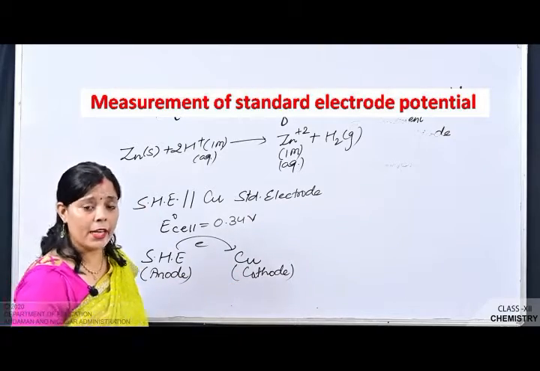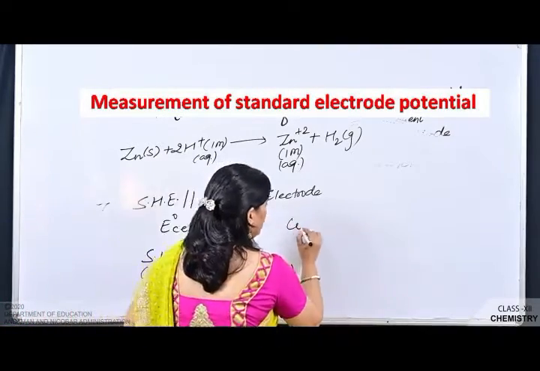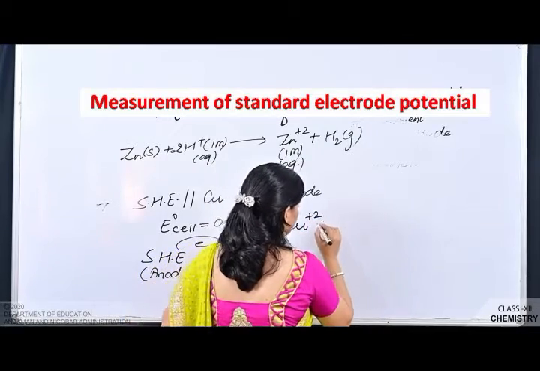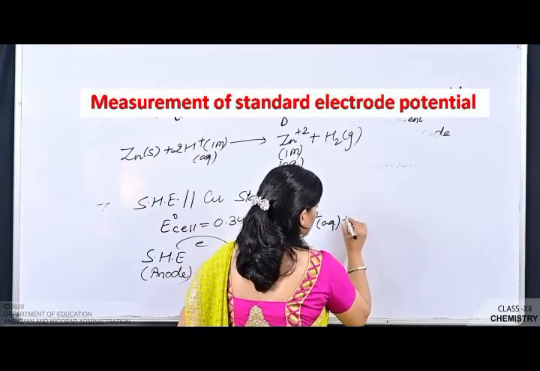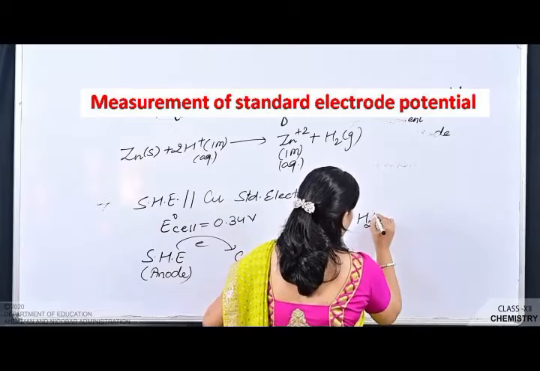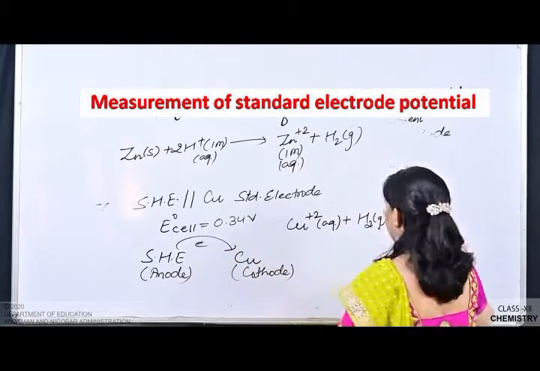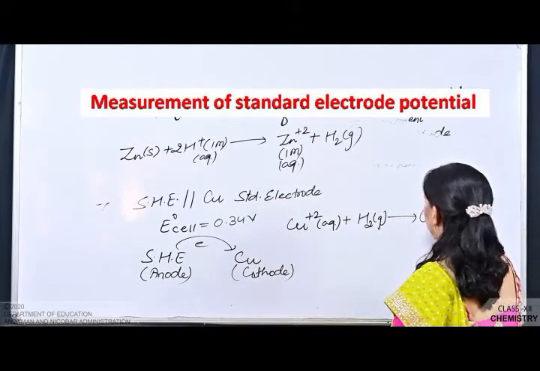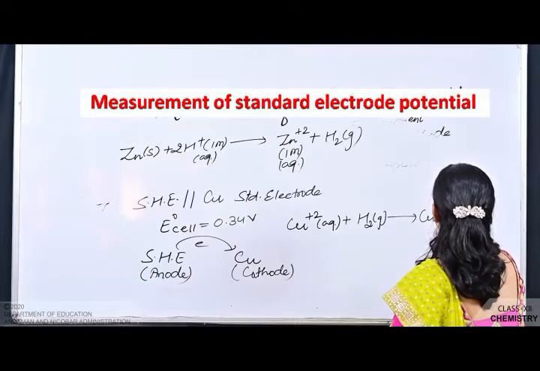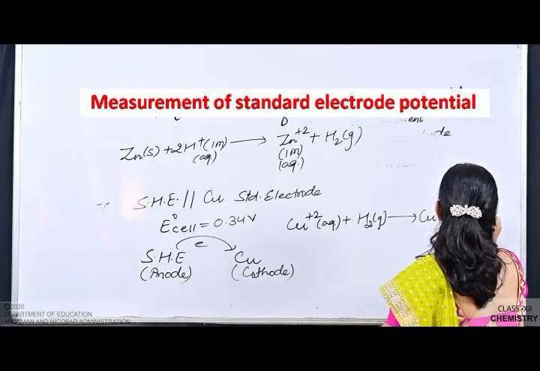So what is the net reaction taking place in this? It is Cu2+ aqueous plus hydrogen gas. On reaction it gives copper solid plus 2H+.